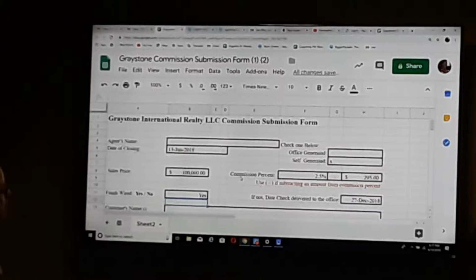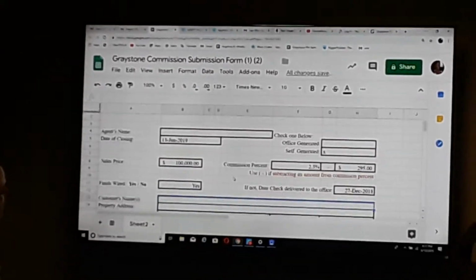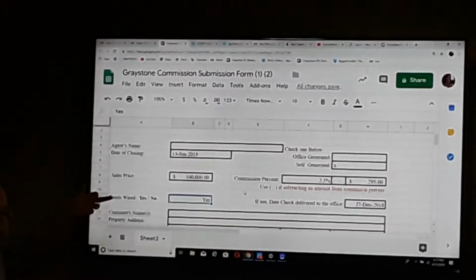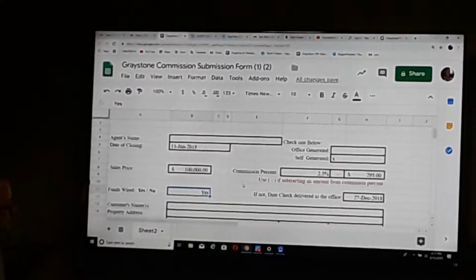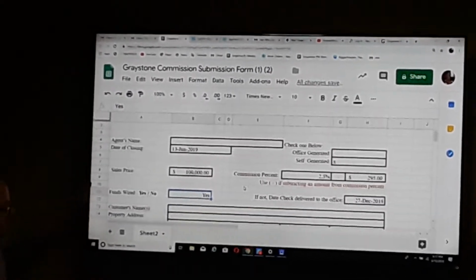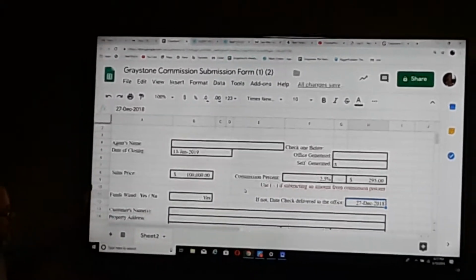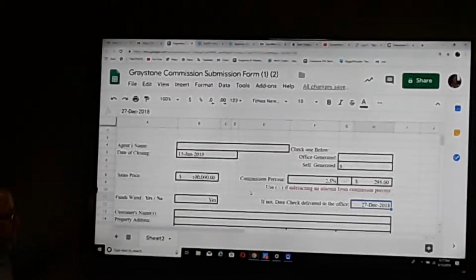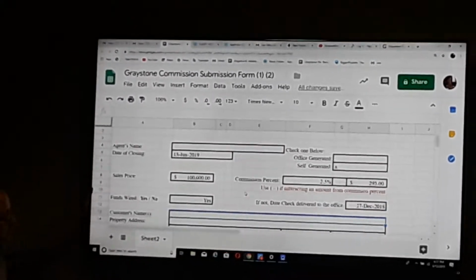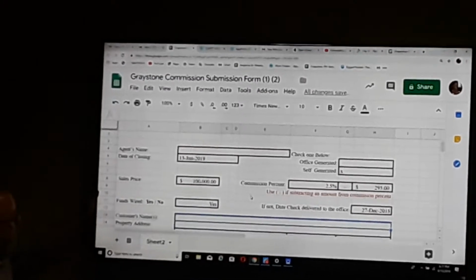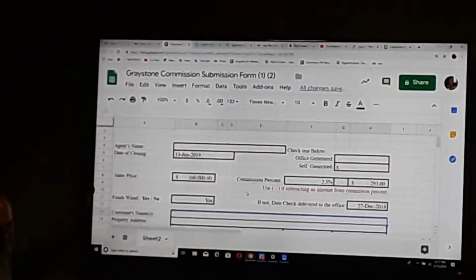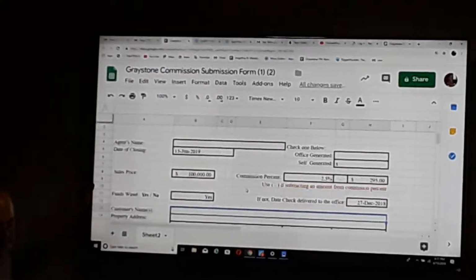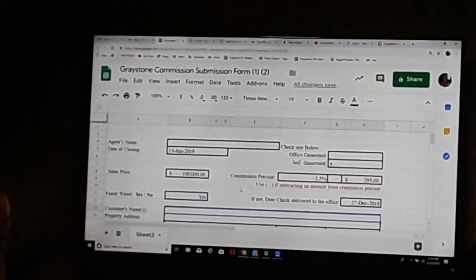If you know how to do it, let me know. So here you'll select whether the commission was wired or not. If it was a check, the date that the office received the check. Why not always wire? Title companies, they don't do wire. They don't like it.